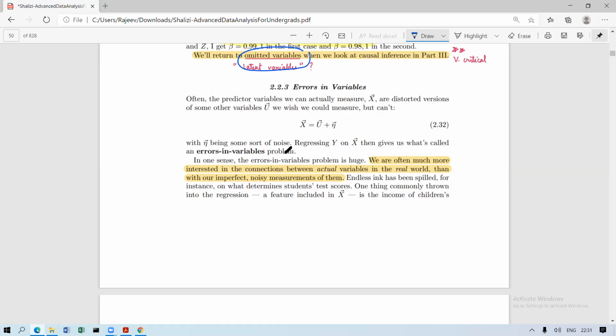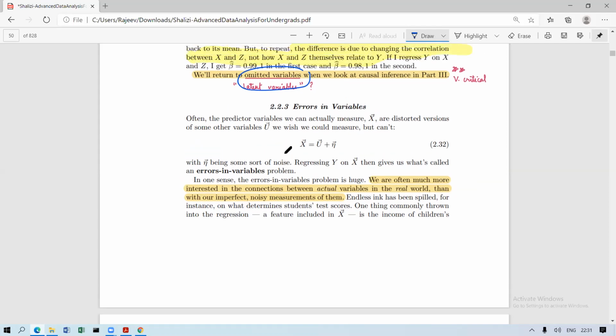Here he's saying that the x's that you have gathered also have some inherent noise. So what you might be interested in is u. So x is u plus n, where n is some noise, but you will never have u because the data that you have gathered will always have x. You can't separate u from n.